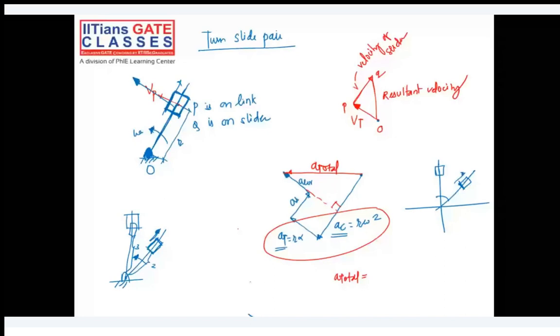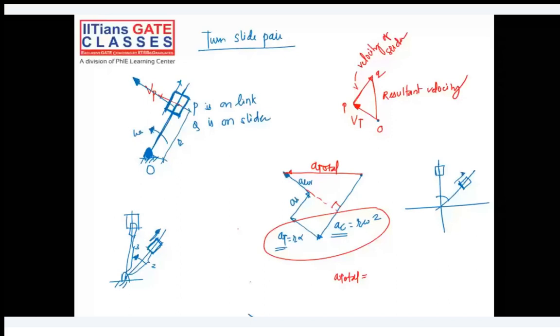The velocity of the slider is in this direction, so I rotated it counterclockwise by 90 degrees, and that's why I got the Coriolis component in this direction, and that is why we have drawn it here. I hope it's clear. And basically the total acceleration I can calculate by calculating the hypotenuse of this triangle, because this is the right angle triangle.